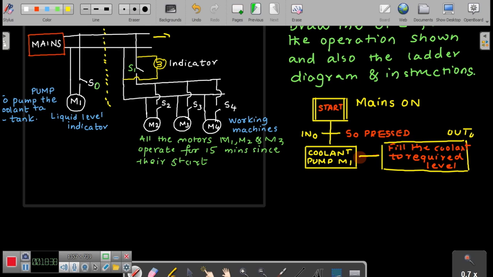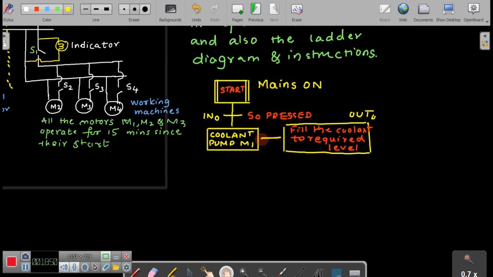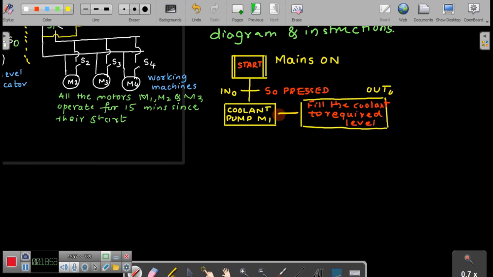The liquid level indicator being a sensor here will give me a kind of signal. So when that signal is obtained, I will go to the next step, that is the liquid level indicator.